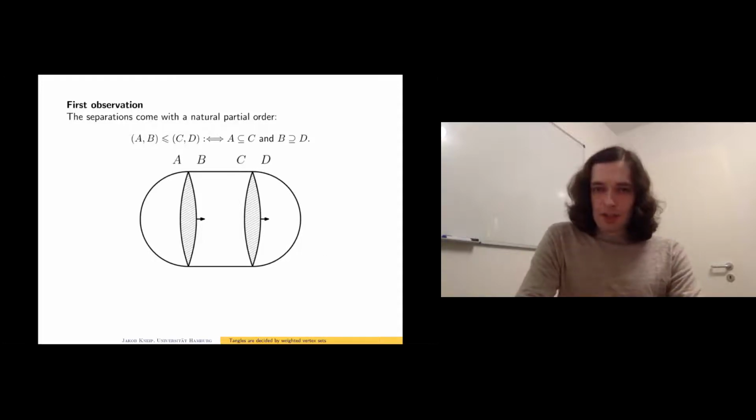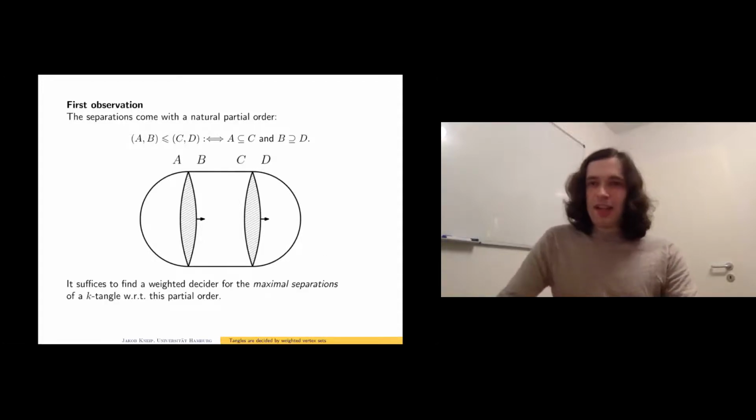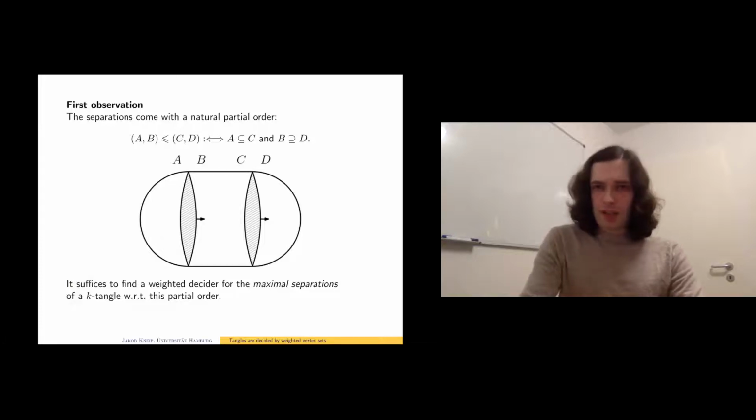Now, the observation is that if we have our tangle and we're looking for such a weight function that makes all the big sides of the separations those with higher weight, then we only need to concern ourselves with the separations that are maximal in this partial order. And you can see that in the picture.